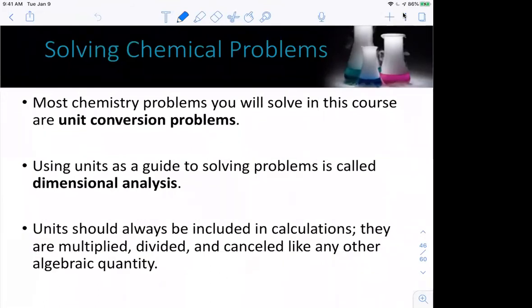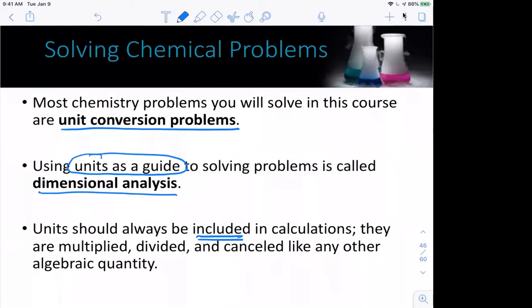Most chemistry problems that you're going to solve in this course are going to be unit conversion problems. Using the units as a guide is something that's called dimensional analysis. My units should always be included in my calculations, and they are multiplied, divided, and canceled like any other algebraic quantity.